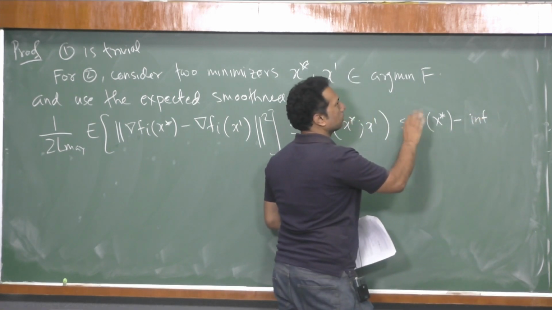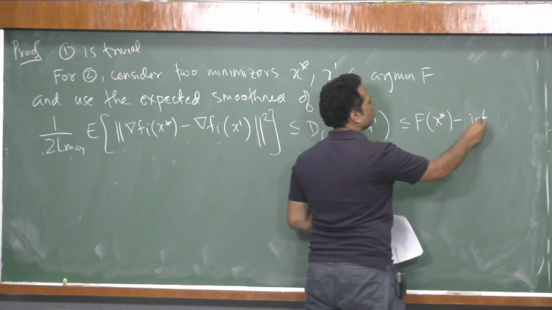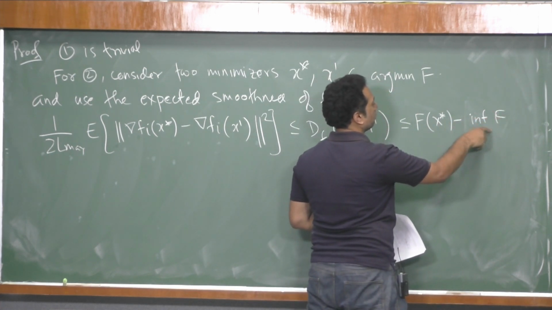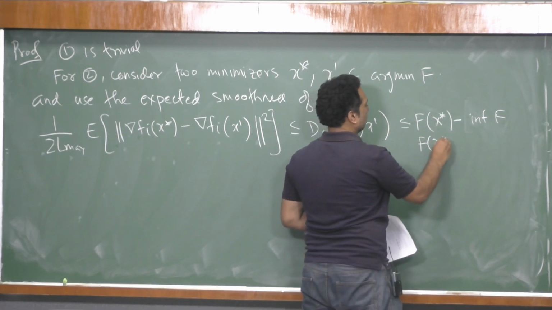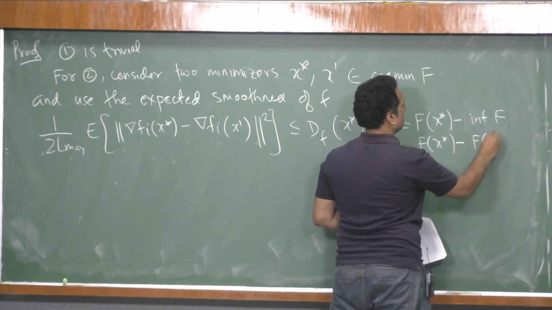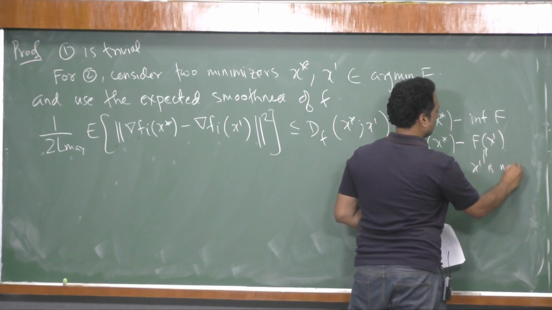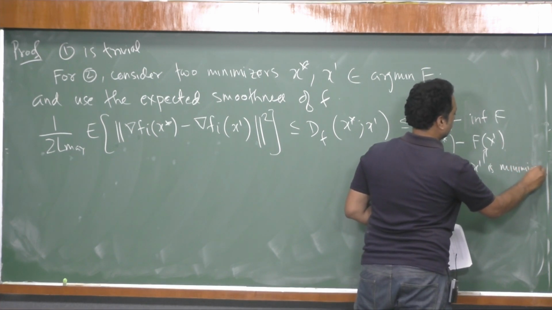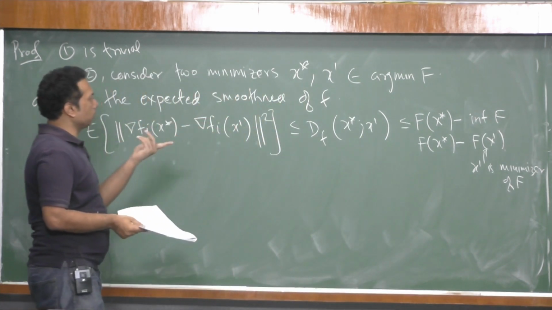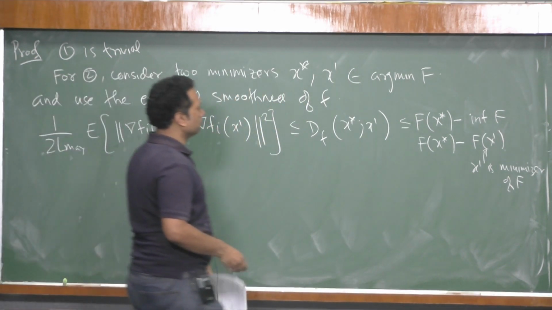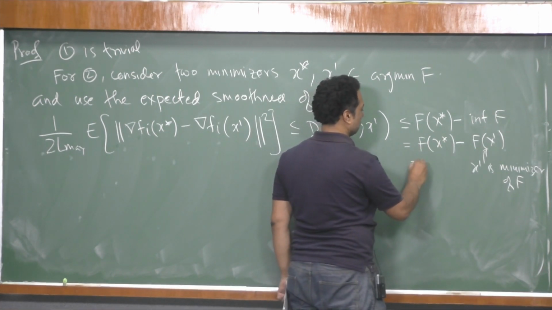I treat this as some arbitrary x, but I know that it's a minimizer, so it's F(x*) minus the infimum of f, and in the infimum of f I put F(x') because that's the infimum, right? So F(x*) minus F(x'), because x' is a minimizer of f, so I can substitute that. But I also know that x* is a minimizer, so both are minimizers, right? So both are the global minimizers.